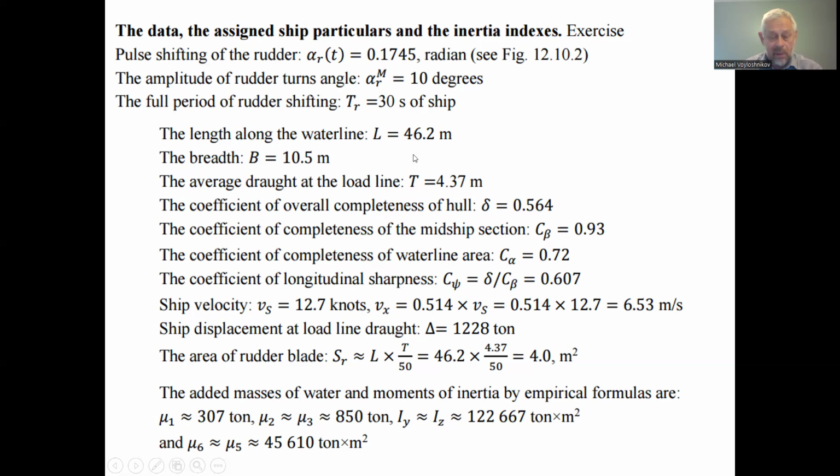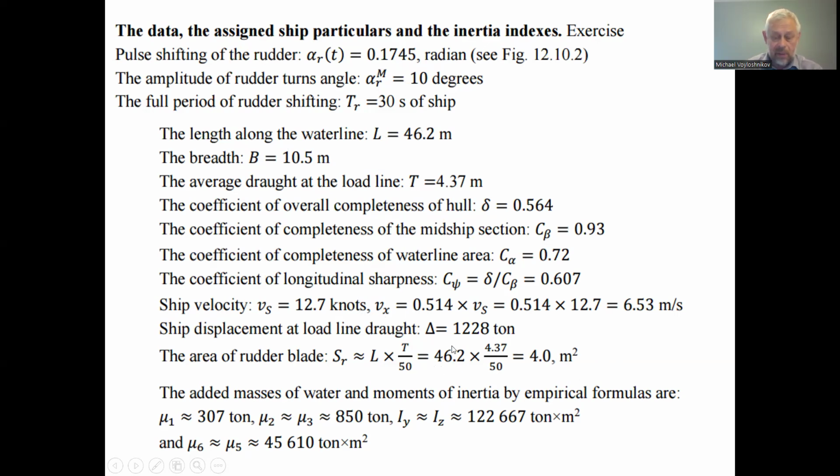So these are the particulars of one definite ship. It looks like an industrial fish catching ship of middle size. The ship velocity is 12.7 knots, equal to 6.53 meters per second.